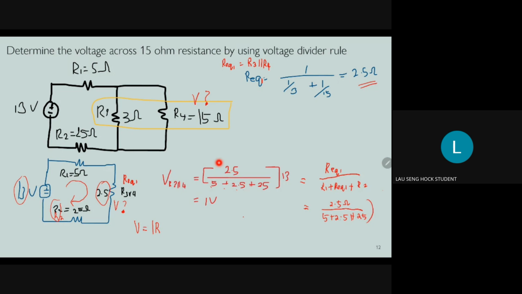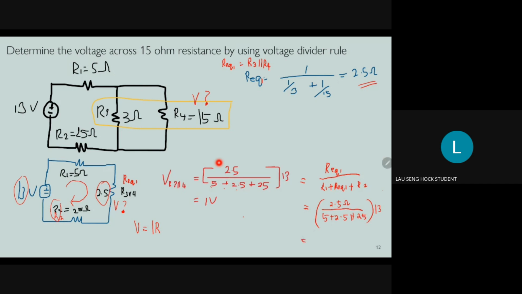Then you have to multiply by the voltage supply, which is 13 volt. So how much do you get over here? What is the voltage across R equivalent 1?